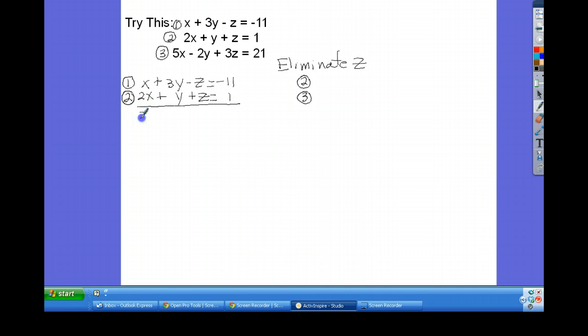So 1x and 2x is 3x, 3y and 1y is 4y, and that's equal to negative 10.